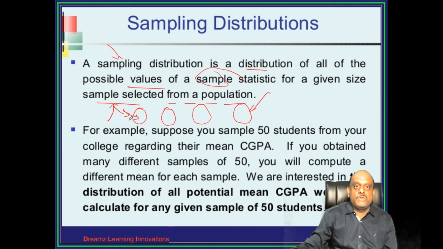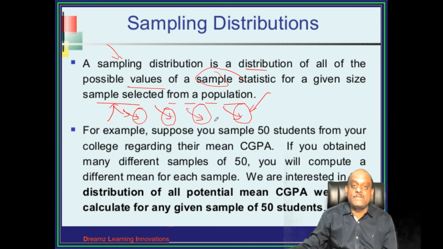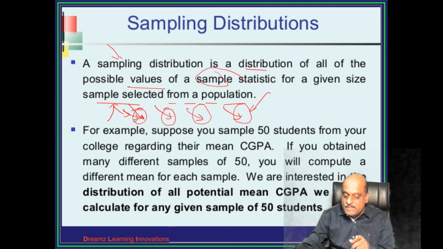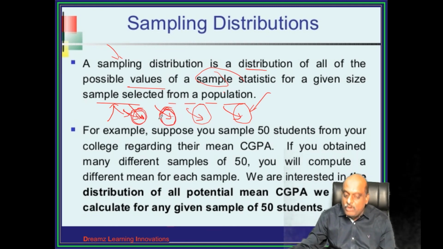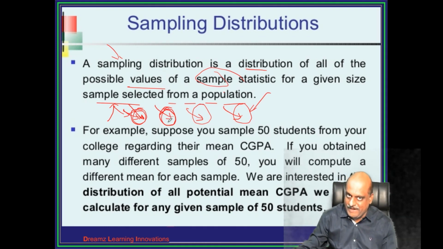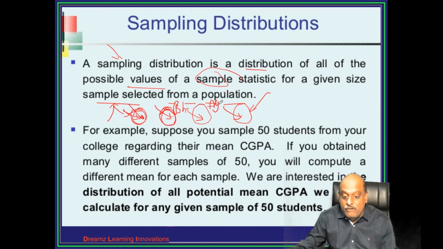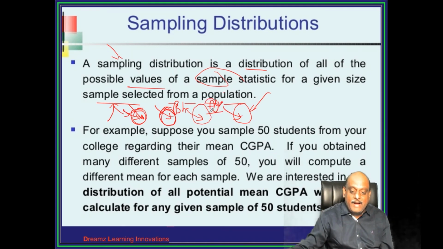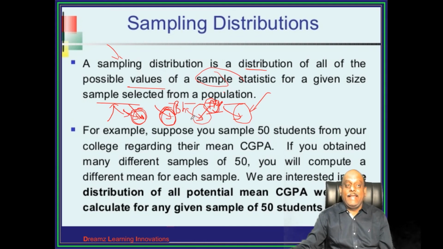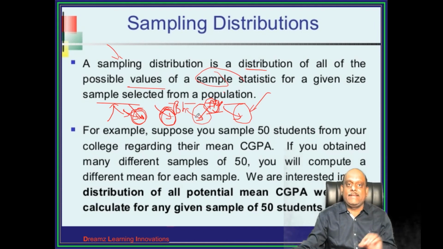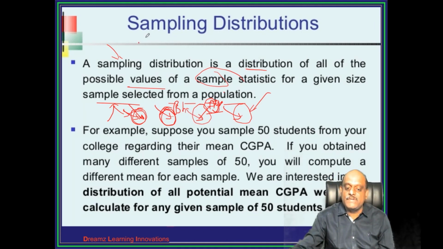Take their NEET PG scores. The mean value of the NEET PG score of each sample of 50, in Bhopal, in Agra, and so on. If you plot these sample mean values of the NEET PG scores on a line, that is called sampling distribution.